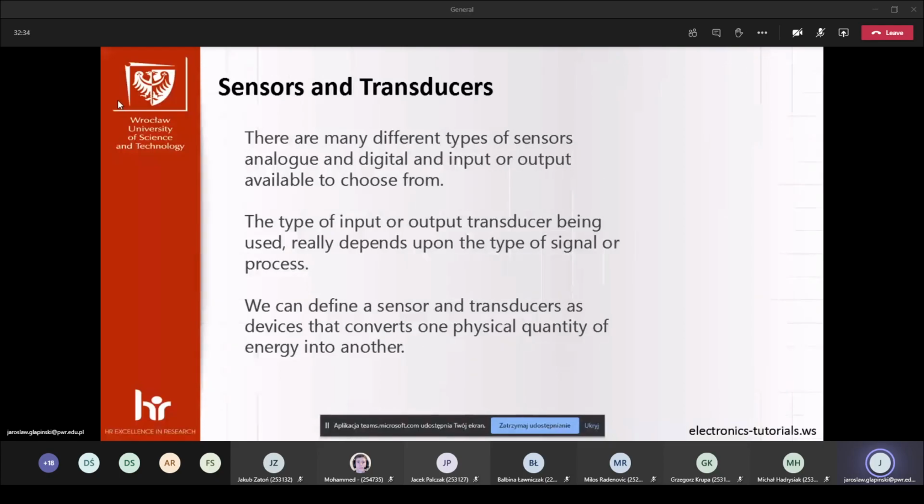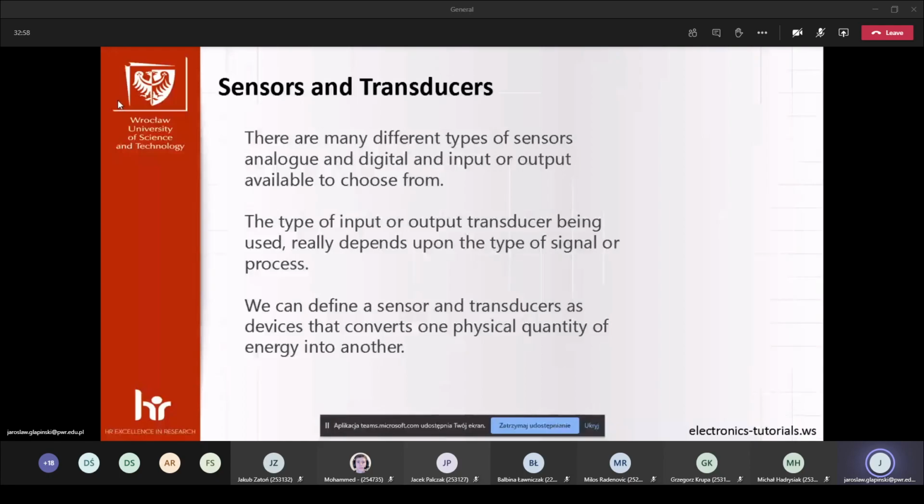Of course, we can divide them by the type of input or output transducer being used. It usually depends upon the type of signal or process. So this is up to your knowledge which kind of sensor or transducer you will use.